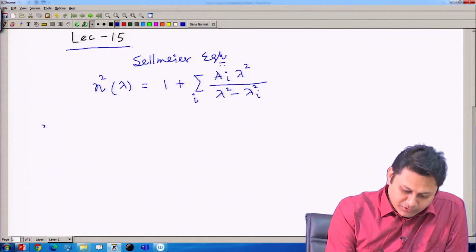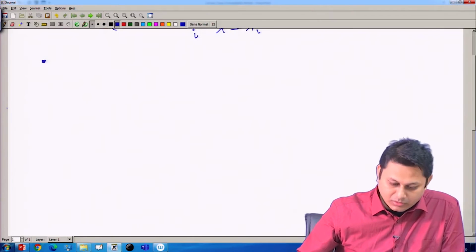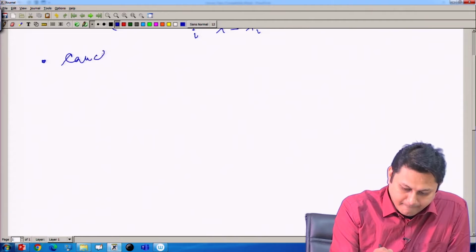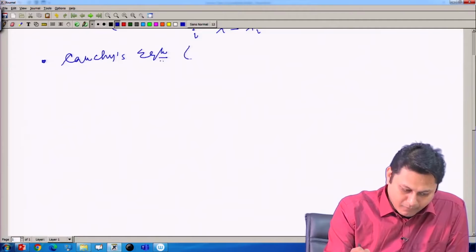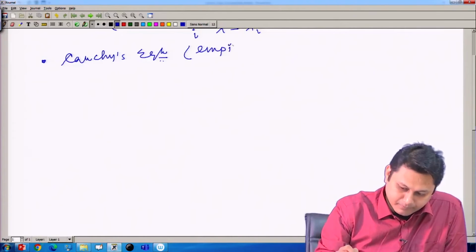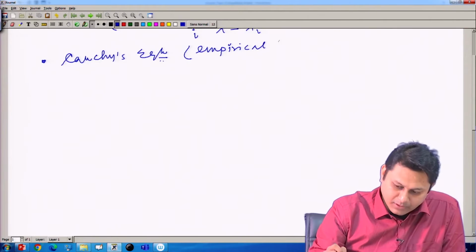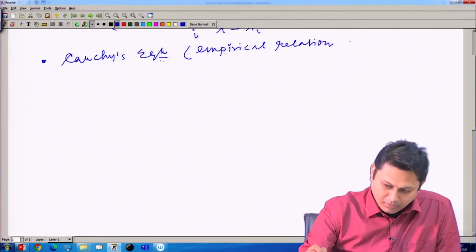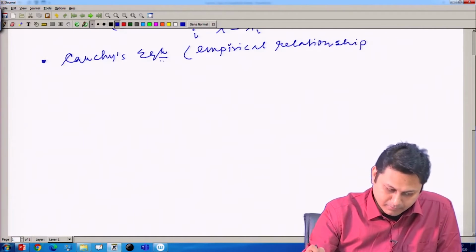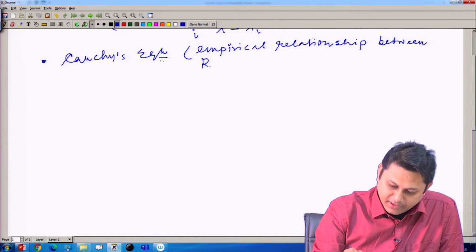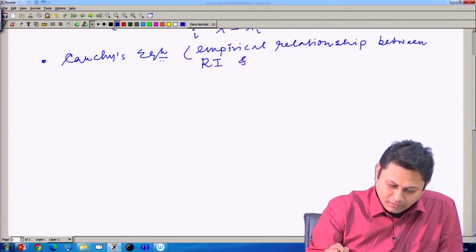Now, today we will introduce the well-known Cauchy's equation, which is an empirical relationship between refractive index and wavelength.